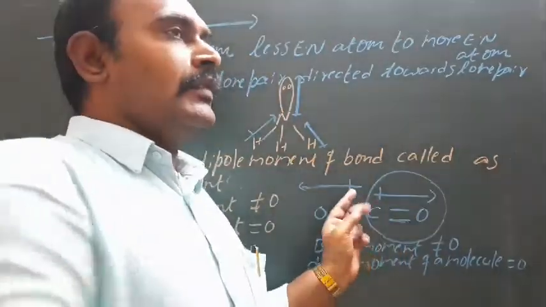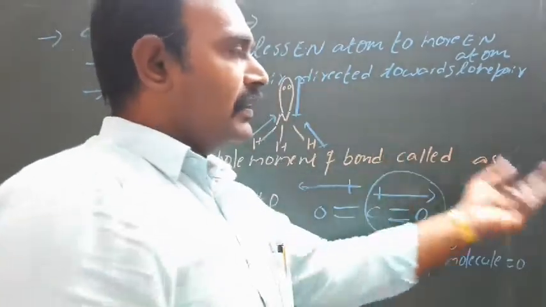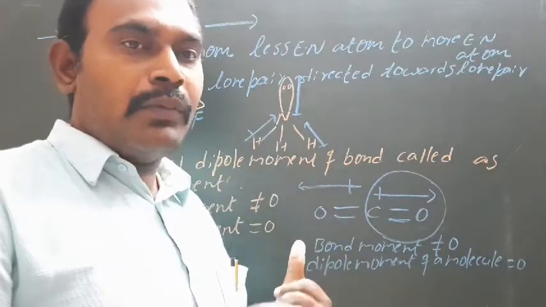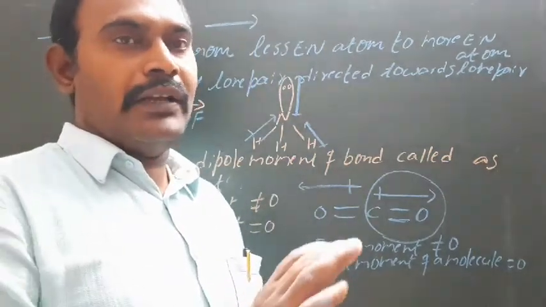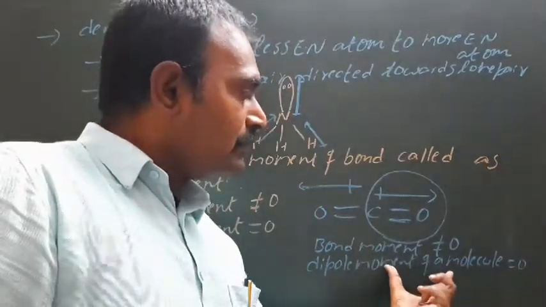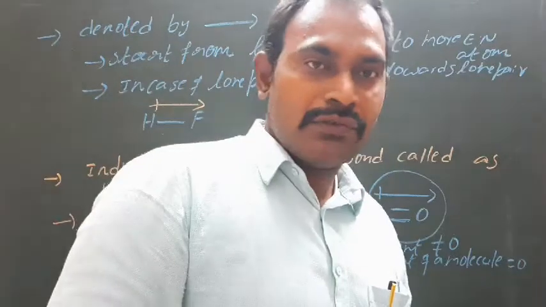Suppose the bond moment is in the forward direction here and in the backward direction there. An individual bond moment will never be zero, but the overall dipole moment may be zero in some molecules. It may not be zero in some molecules also.